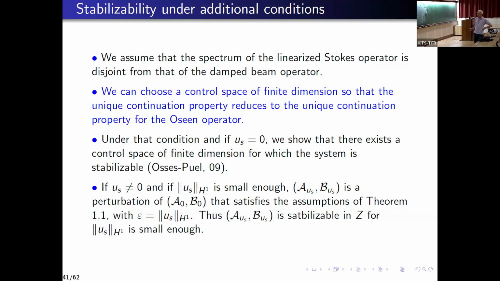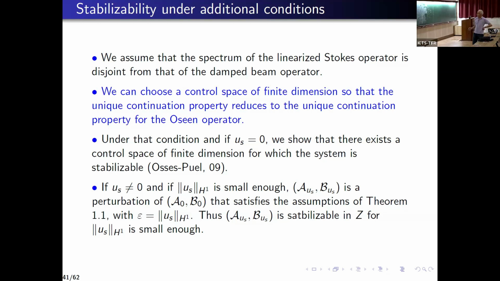When US is not 0, but if US is small in the H1 norm, then using the result of lecture 1, we can prove that the corresponding operator is a perturbation of this one.